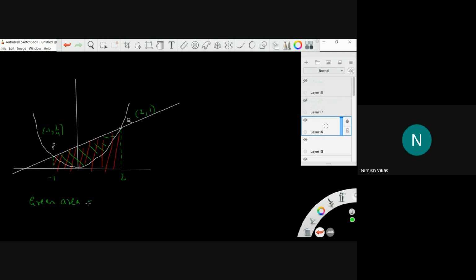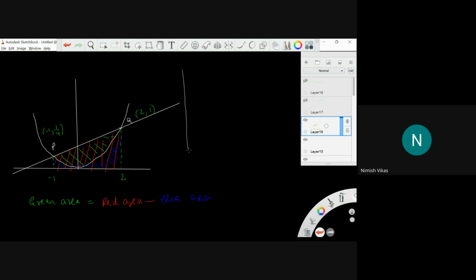So green area is the red area minus the blue area. Can you see blue color on the screen? Blue color under the parabola. So red area minus blue area.